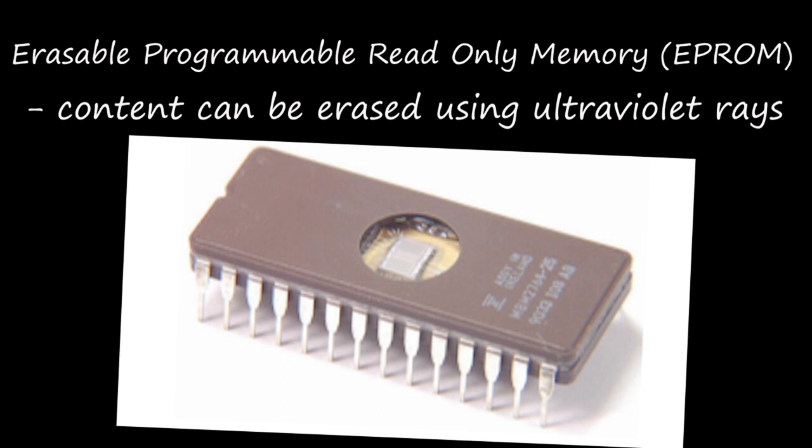This EPROM and ultraviolet rays is given in your book on page number 36. Make sure you underline both the words, EPROM and ultraviolet rays. When this EPROM is exposed to ultraviolet light, the content in this EPROM will be erased or cleared and we can reprogram it.